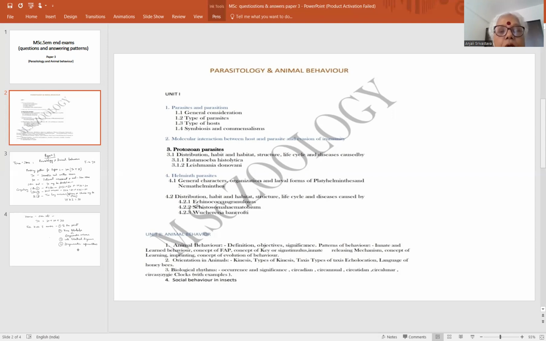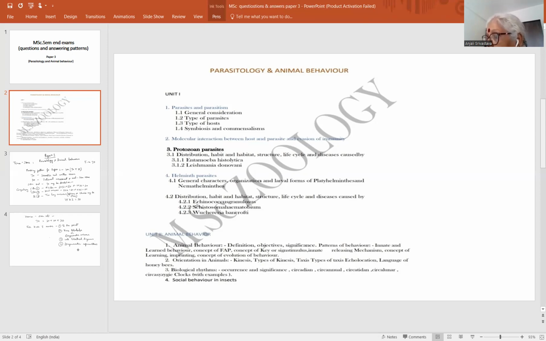It will be Echinococcus granulosus, Schistosoma haematobium. These are the parasites. Echinococcus granulosus is commonly called the dog tapeworm. It is a digenetic parasite found in dog and intermediate hosts, which may be sometimes human, but mostly the intermediate host is cattle.